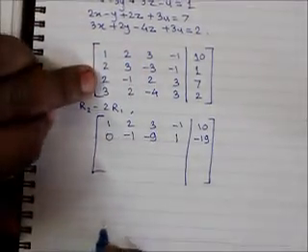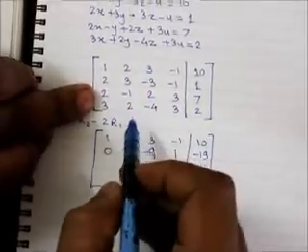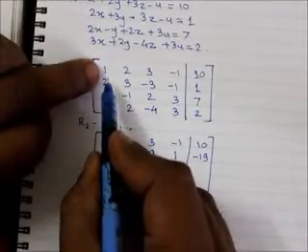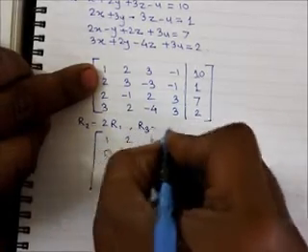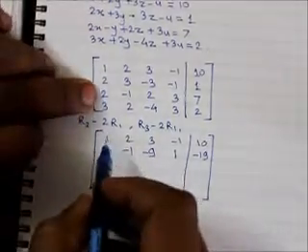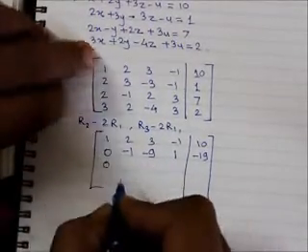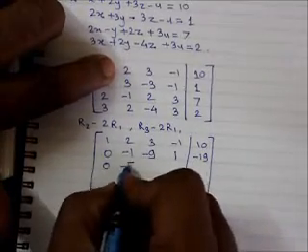Next, in the same step itself I'm going to do another one. Here you can see a 2 and 1, so we can follow the same step again. R3 minus 2 into R1. That gives you 2 minus 2, which is 0. Minus 1 minus 2 into 2, minus 1 minus 4, that gives you a minus 5.